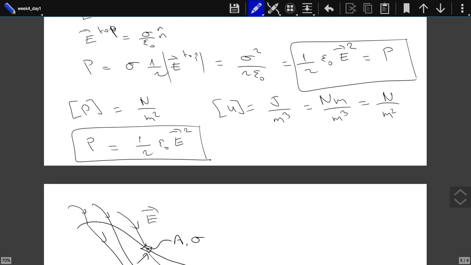There's no mention of a conductor in this equation. So basically the electric field, well, eventually we will see that the electromagnetic field can exert pressure on anything, not necessarily on conductors.